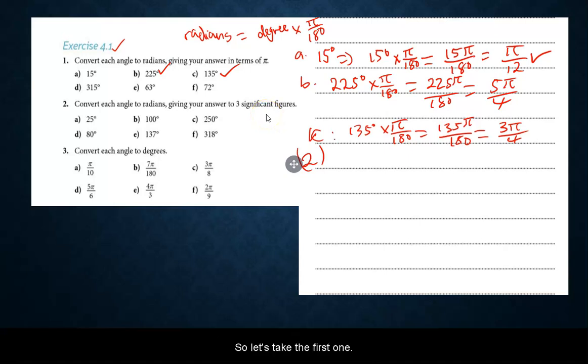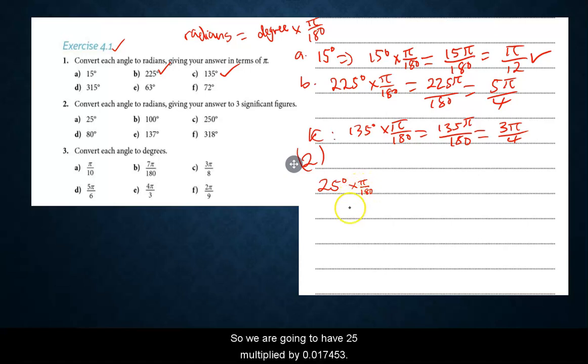So let's take the first one. If we convert 25 degrees to rad, it will simply be 25 multiplied by pi over 180 degrees. So you try to find from your calculator what pi over 180 is. You should be able to get a terminating decimal, 0.017453.